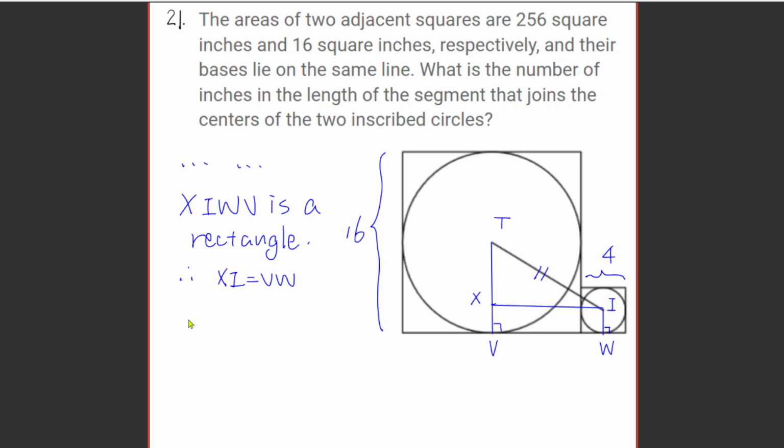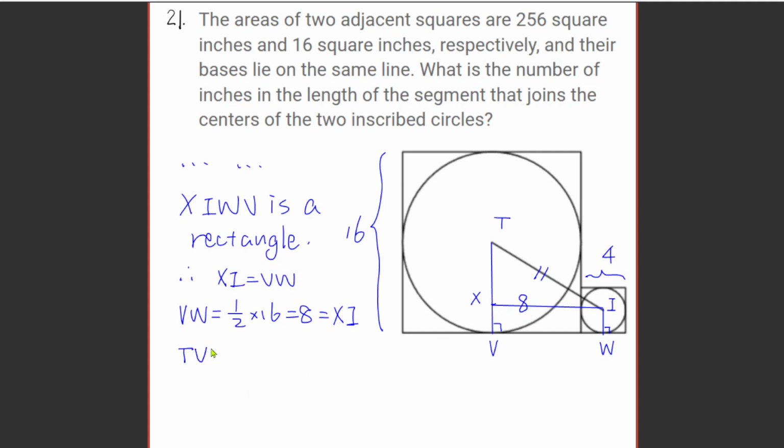Okay, then we know that VW equals the radius of the larger circle, which is 1/2 of 16, which is 8. And VW also equals XI, right? So XI equals 8 here.